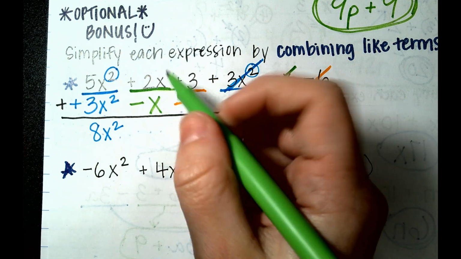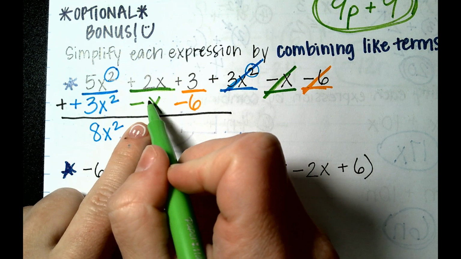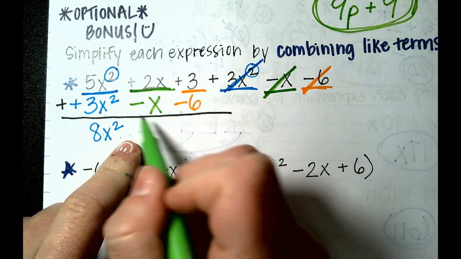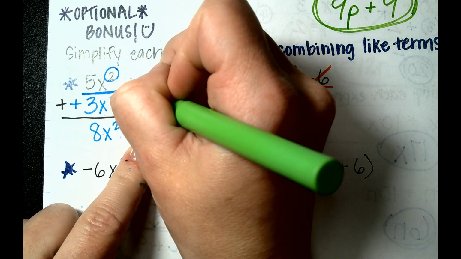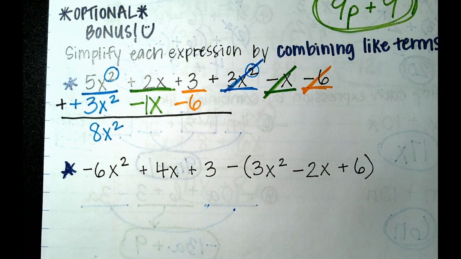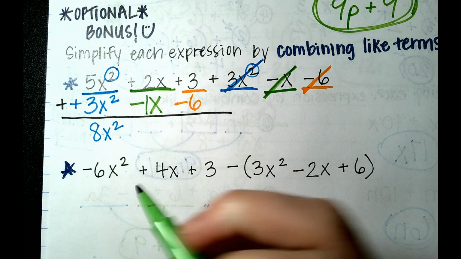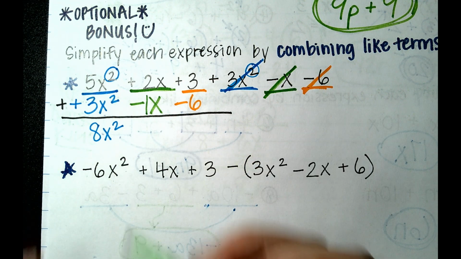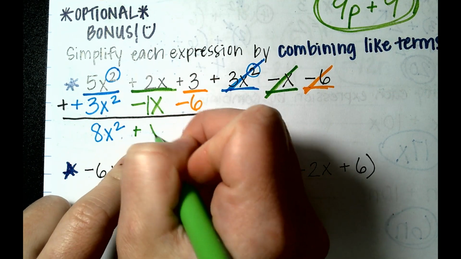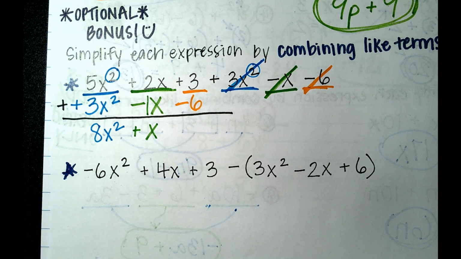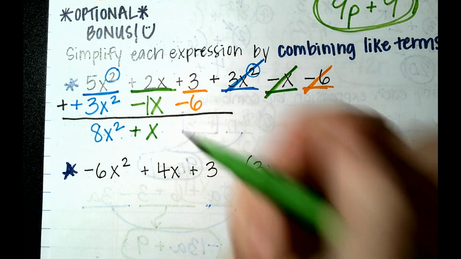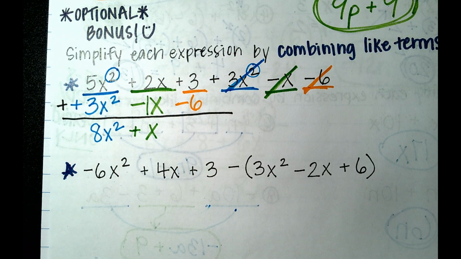We have to remember that if there's no number in front of a variable, there's an invisible number 1. So 2x minus 1x is 1x. Or we can just write x. It's just x. If you like the 1 better, write the 1.